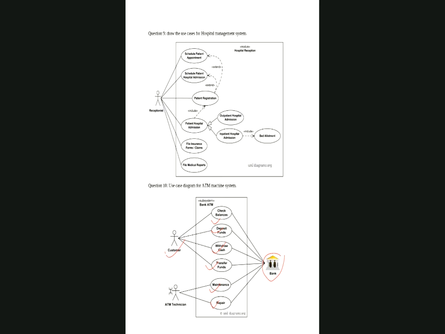If he transfers funds, he is transferring from his account to another account through the bank only. Maintenance and repair is done, and how does the technician get his salary? The bank will pay him. So all these functionalities are related with the bank. That's why we give it as a use case. Okay. So with this we have finished our session.